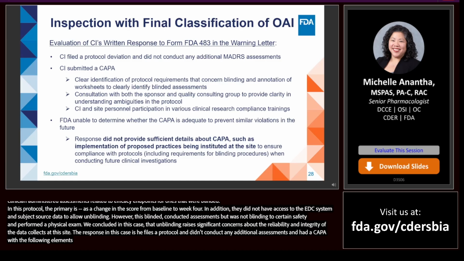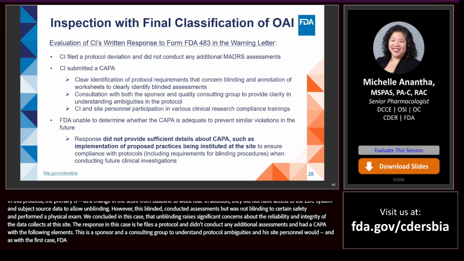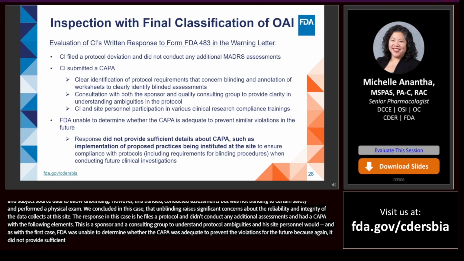He was going to consult with both the sponsor and a consulting group to provide clarity in understanding protocol ambiguities, and that he and his site personnel would participate in various compliance trainings. As with the first case, FDA was unable to determine whether the CAPA was adequate to prevent similar violations in the future because, again, it did not provide sufficient details about the implementation of proposed practices being instituted at the site.